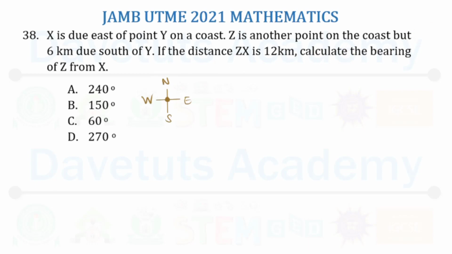This is point y. Then x is due east. When they say due east, they are talking about something like this. So here we are going to have this other point as point x.